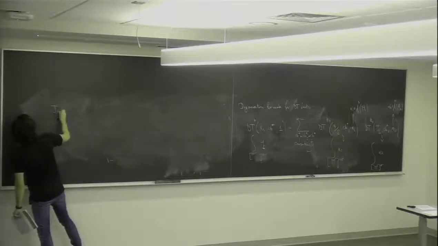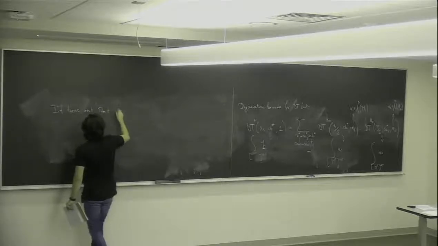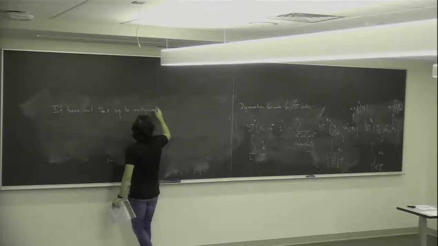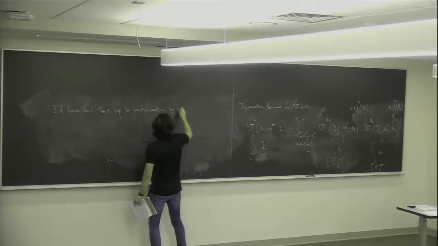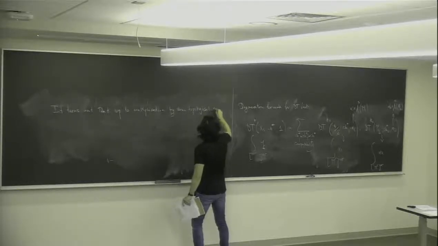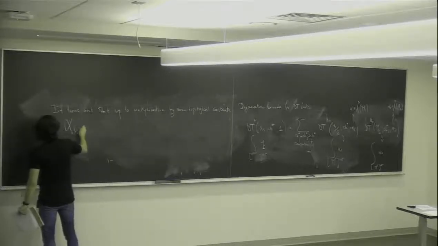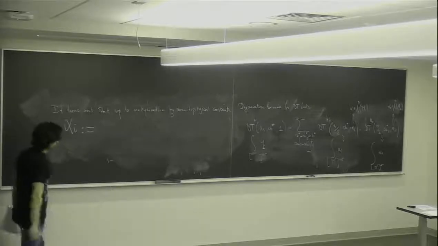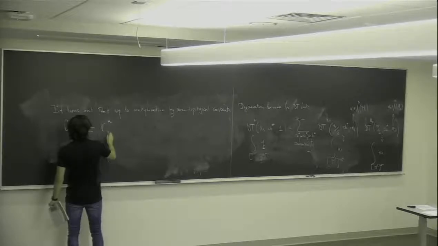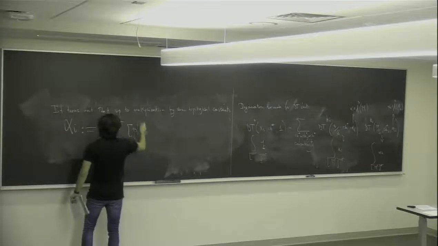It turns out that up to multiplication by some topological constants, the alpha i's are given by, and I'm going to draw for you a diagram, R_i upper star of P upper star of the point class.